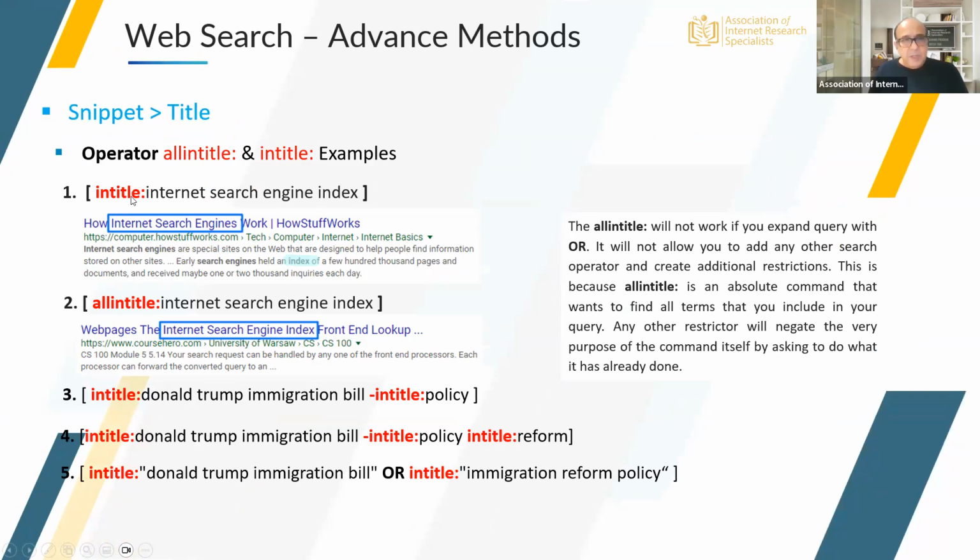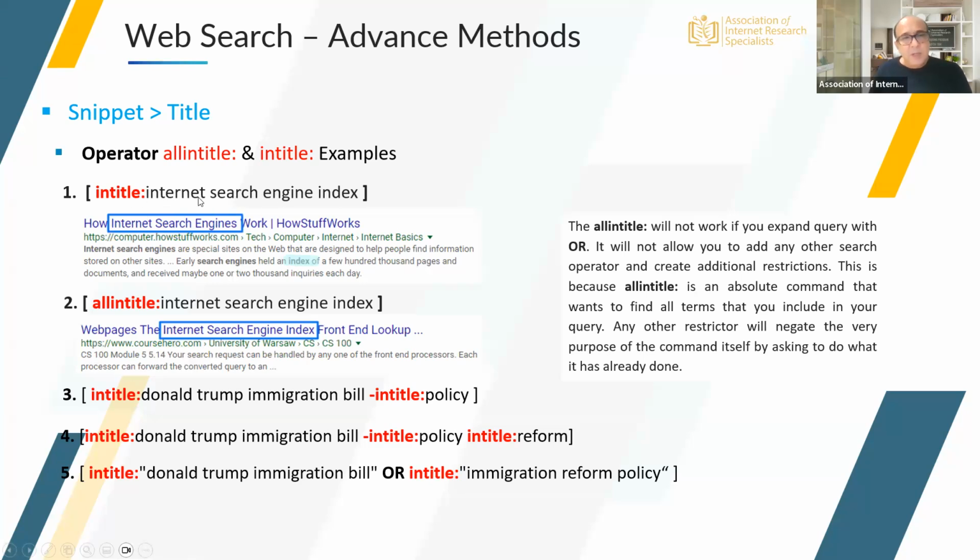So when we write in title, colon internet search engine index, these are 4 words. But whatever you are going to place after the colon sign as a first word, and we haven't put anything within quotation marks, so these are just 4 words, but we have put them one next to another as if it is one single search phrase.